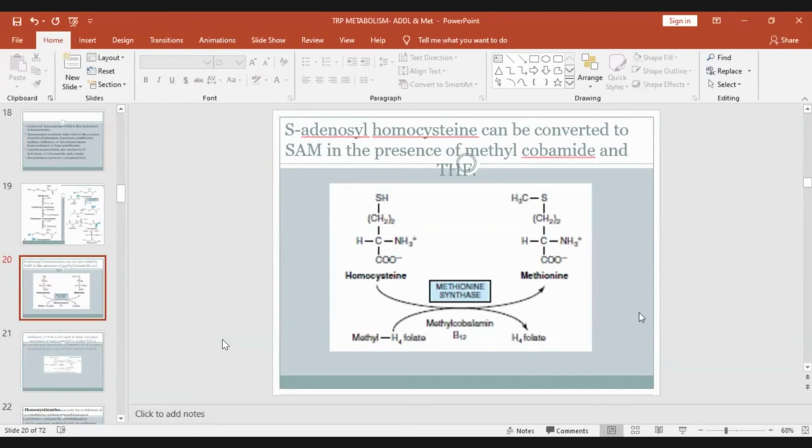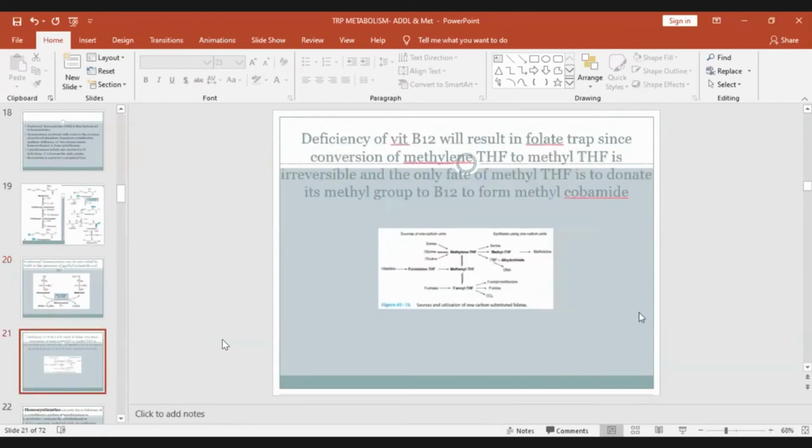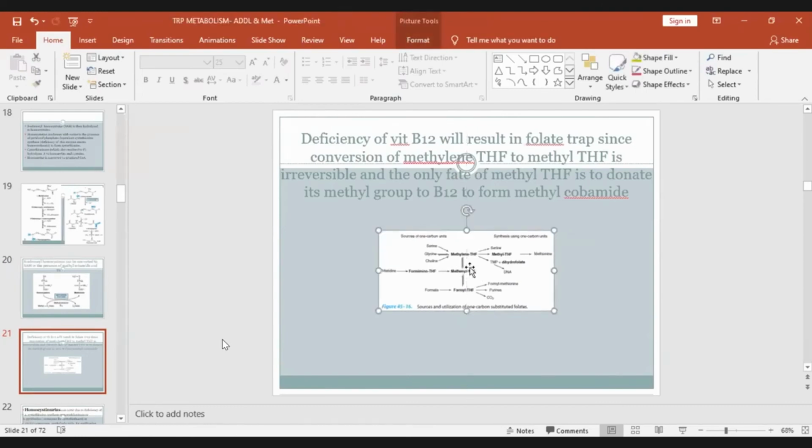That is because, again, you should understand this. Formyl tetrahydrofolate, methenyl tetrahydrofolate can be converted to methylene tetrahydrofolate. These are all reversible reactions. But once methylene tetrahydrofolate is converted to methyl tetrahydrofolate, this is an irreversible step.